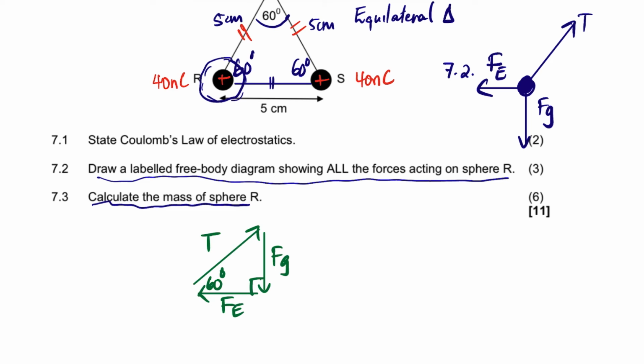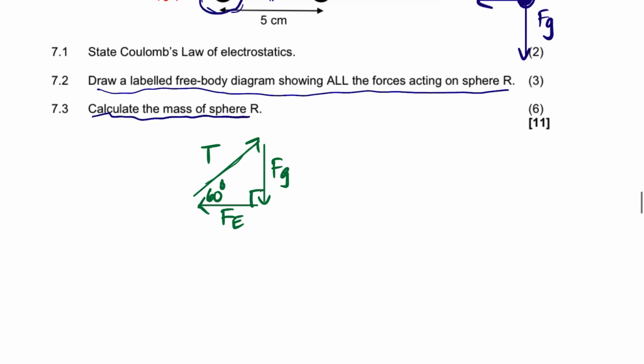Why is that so? The angle here, as I've mentioned, is 60. There's a tension there, the electrostatic force going in that direction, and a gravitational force there. So it's going to be 60 there, guys, right?